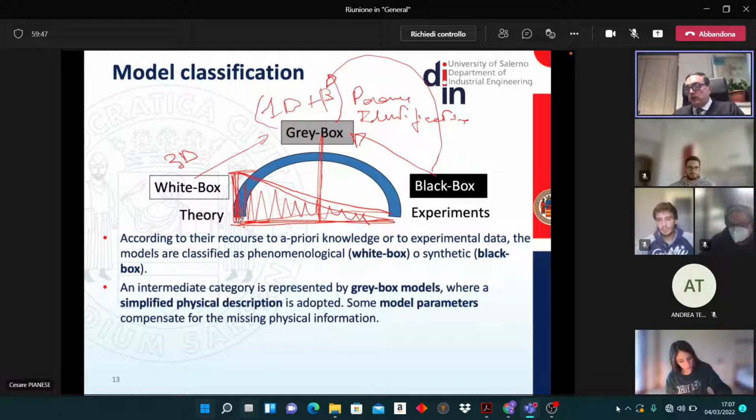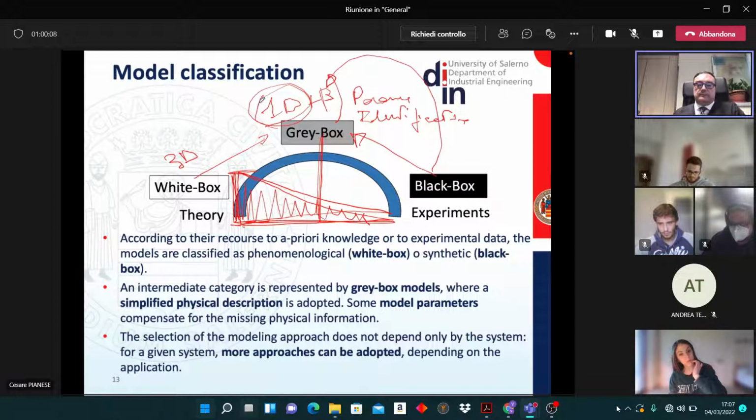So in this case, you may use, for example, a 1D model, which is simplified, so it is easy to integrate, and then you may correct the result through some parameters beta that you should identify. So the model parameters compensate for the missing information from the physics.